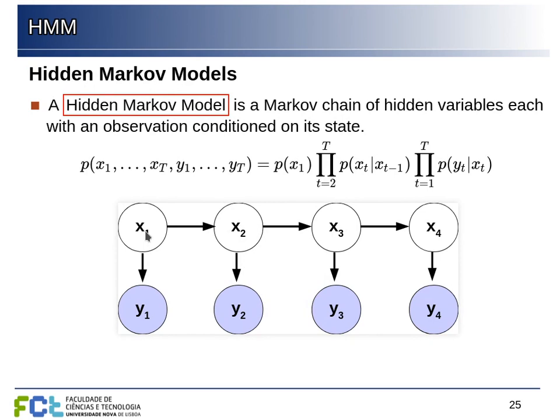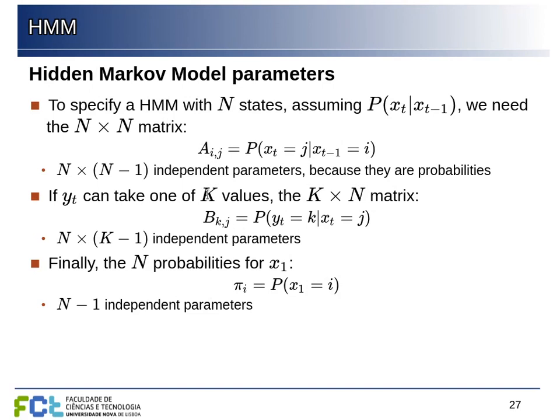We need to know the probability of emitting each of the possible symbols depending on the state that we are in at that particular time. So if we have k possible symbols that we are emitting, the observable values here, and if we have n states, we need a k times n matrix that gives us the probability of emitting some particular symbol if we are in this particular state.